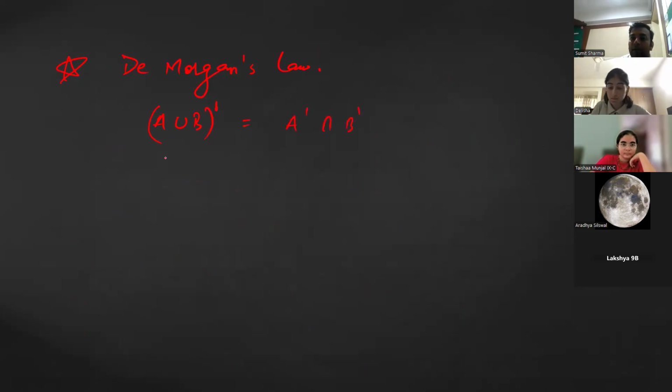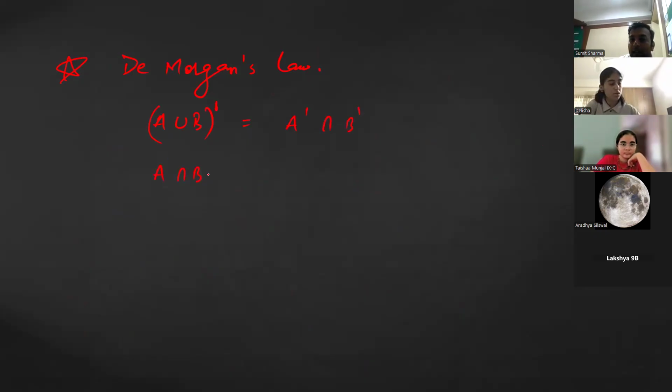So I'll just write down here De Morgan's law. De Morgan's law states that if you have A union B whole complement, then you can write it as A complement intersection B complement.